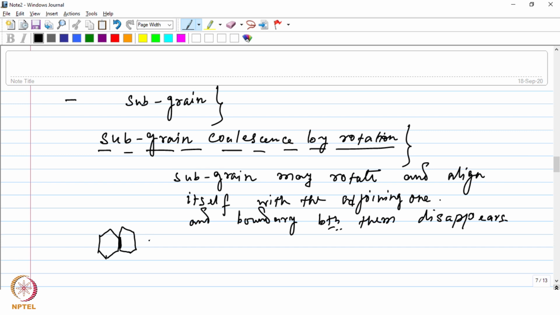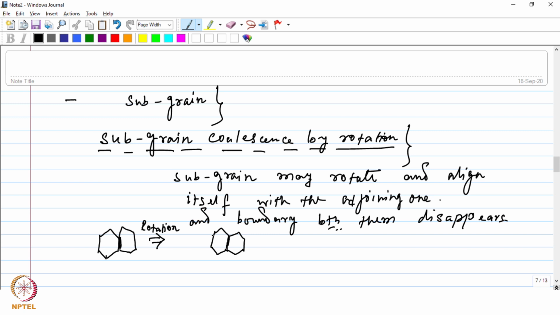But now, if the subgrain can rotate, then these two subgrains can align themselves. So that along this boundary now there is no misorientation.